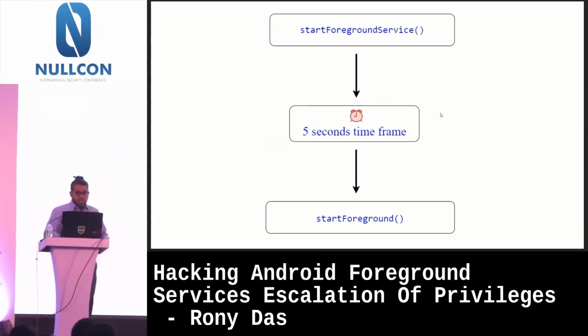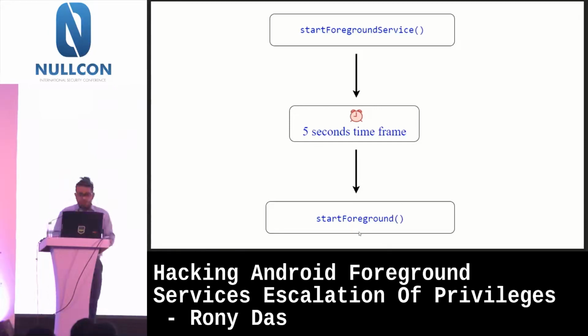Let's see how it actually looks. You make a startForegroundService call, and then there's a 5 second time frame. You guys have to keep track of this, because we'll come later to how exactly you exploit this particular vulnerability. There's only a 5 second time frame, and then you have to start the foreground service.